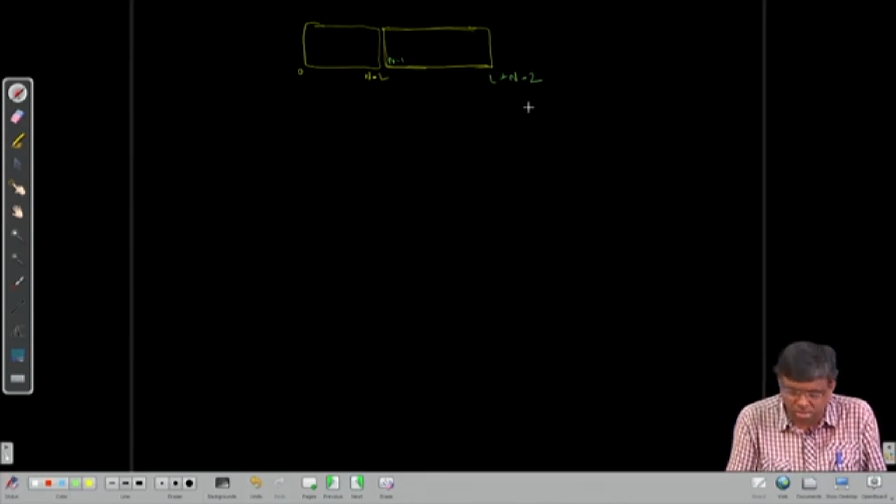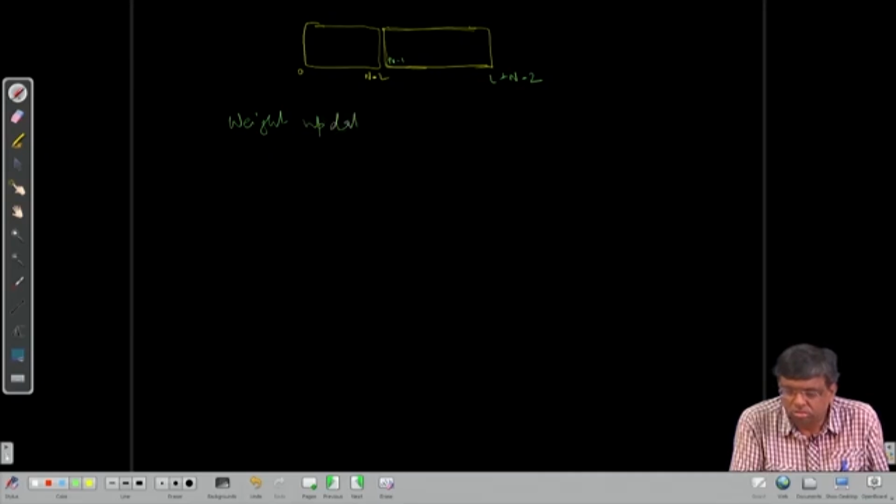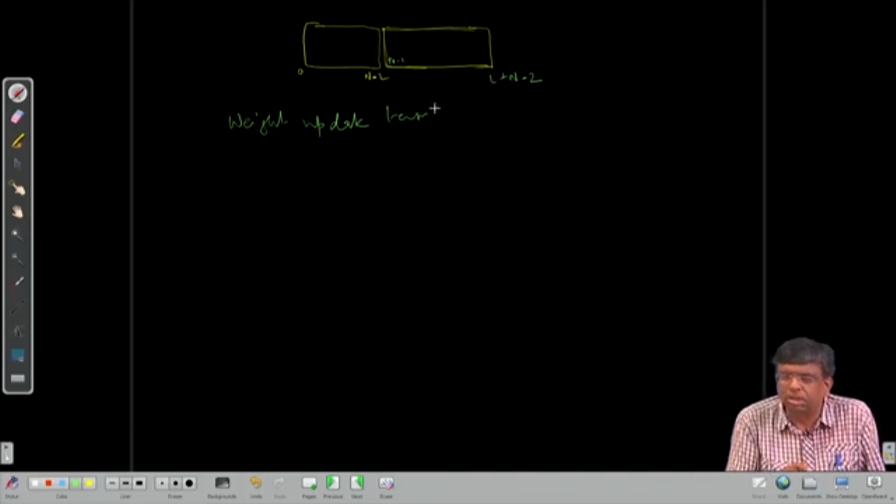This is my block. Weight update part means the current weight for this block plus that extra update term. That weight update term we have seen in the block LMS algorithm.